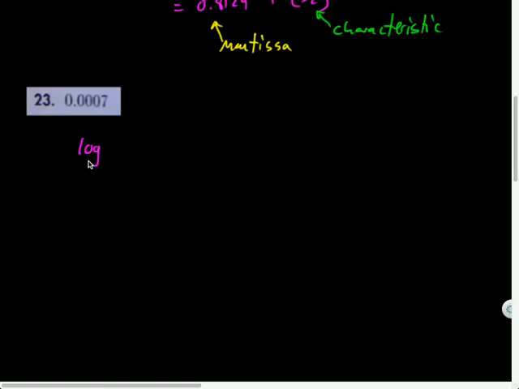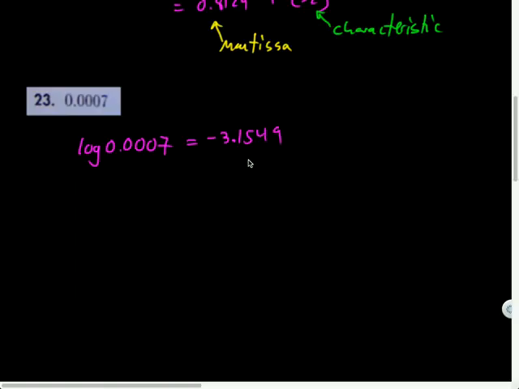So they had log of 0.0007. Actually, I'll do that in both forms. So let me just calculate that log of 0.0007, and I get that is approximately equal to negative 3.1549.